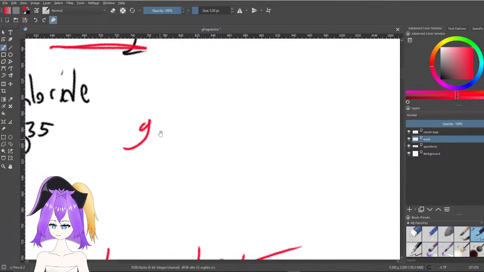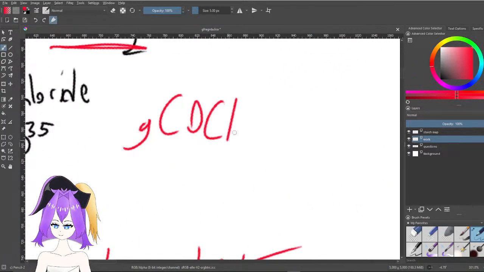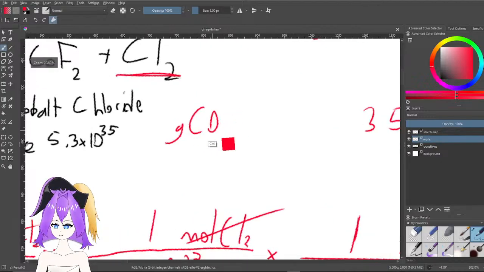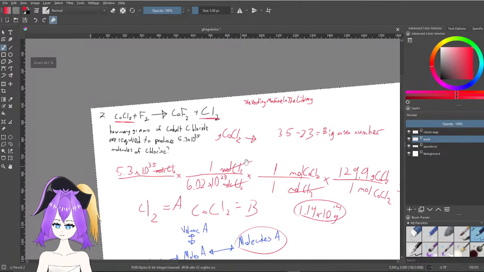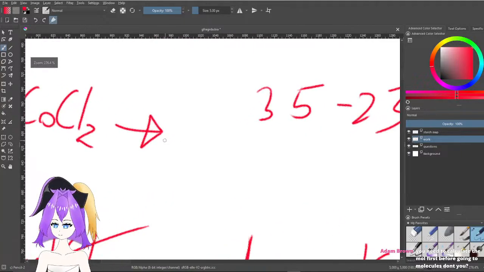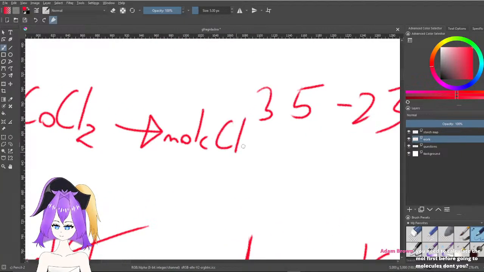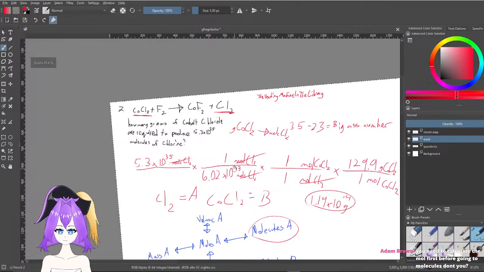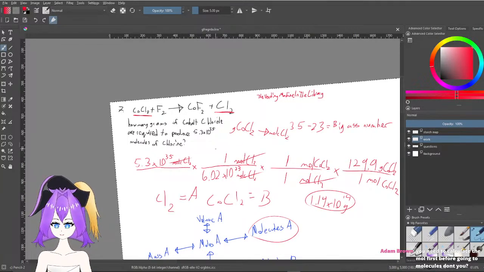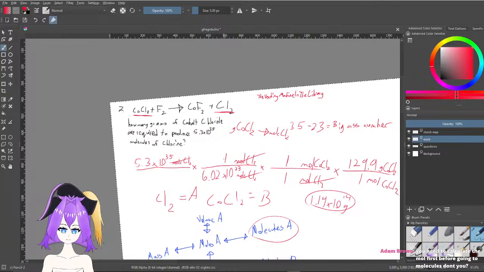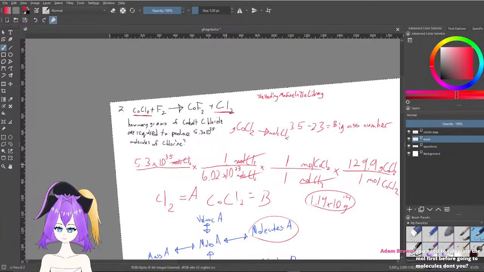So grams of CoCl2, let's make that a little l, Cl2. And that turns into molecules of chlorine. You need to calculate the moles first before going to molecules, don't you? I think the molar mass?